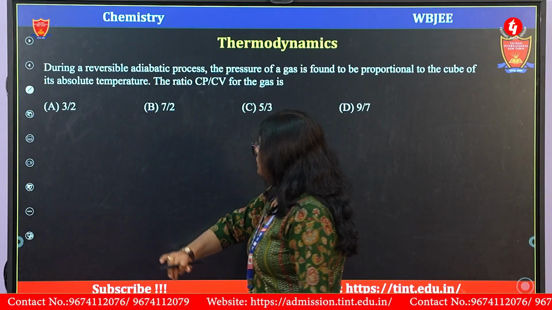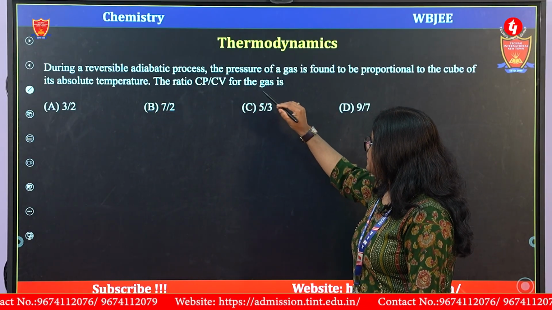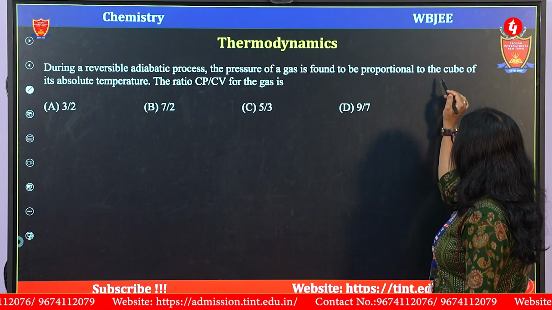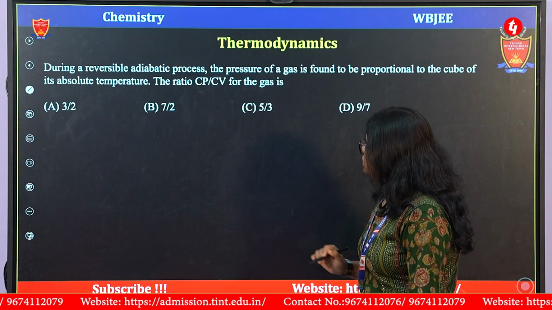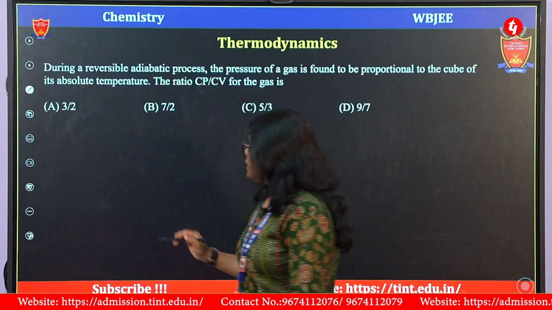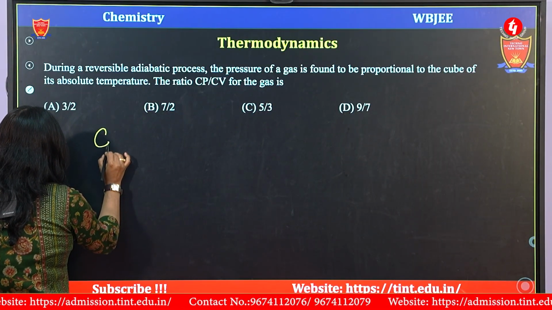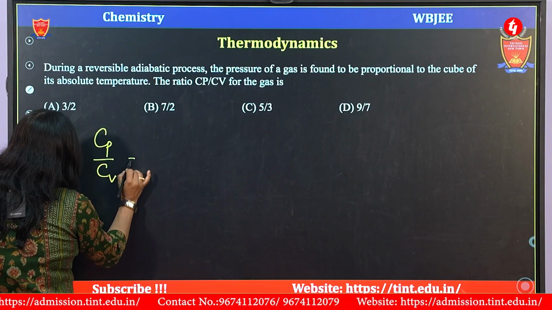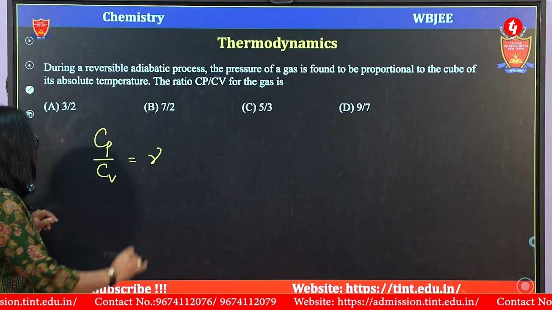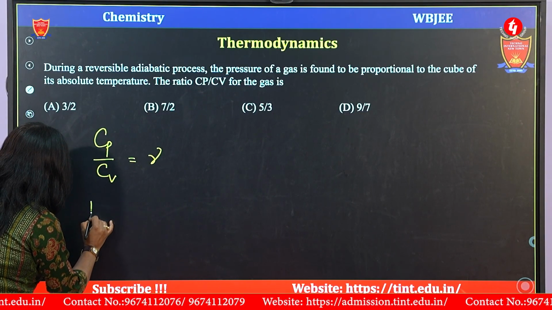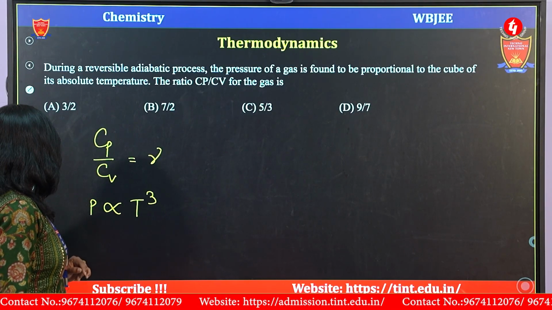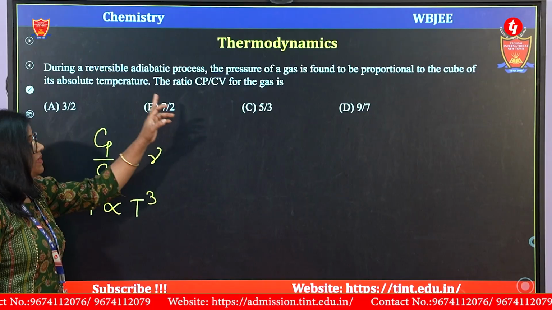Next question, during a reversible adiabatic process, the pressure of a gas is found to be proportional to the cube of its absolute temperature. The ratio of Cp and Cv of the gas. Cp by Cv is gamma. Here pressure is proportional to the cube of absolute temperature, and the process is reversible adiabatic.